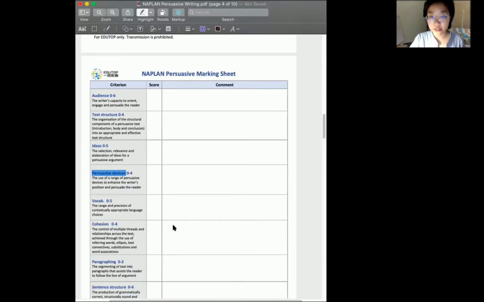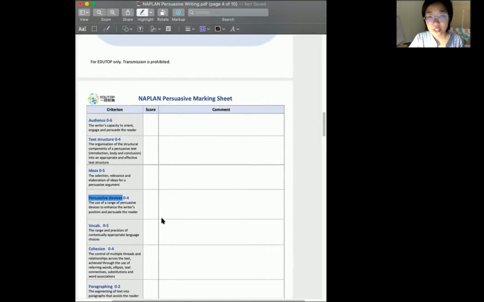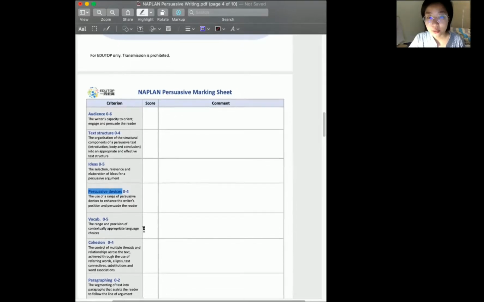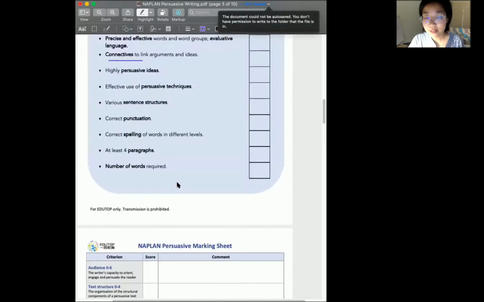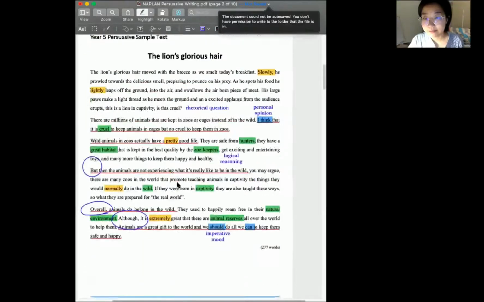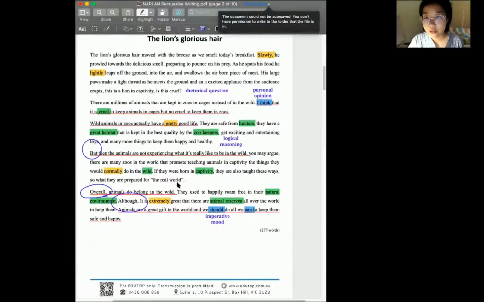Actually there is a requirement for Year 3 students: you are going to write at least 2. So correctly use 2 persuasive devices. And for Year 5 students, your goal is higher. So correctly use at least 4 persuasive devices. All right, so please write that down. So it's very different for Year 3 and 5.